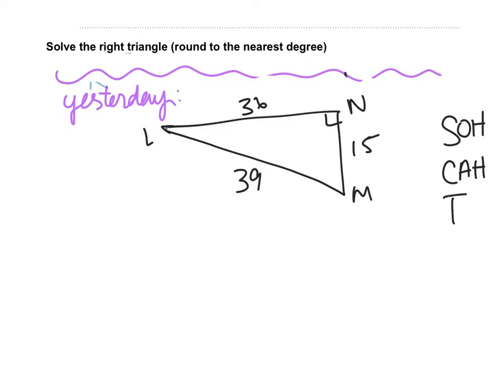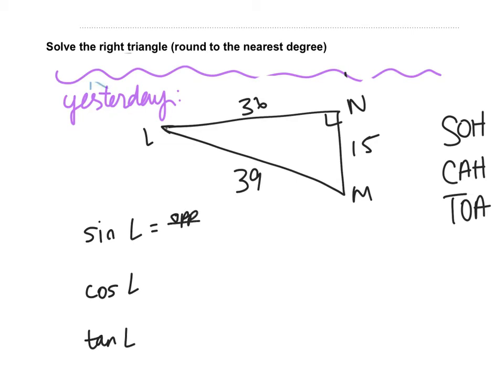Sine is our opposite over hypotenuse, cosine is adjacent over hypotenuse, and tangent is opposite over adjacent. So if we're thinking about the sine, cosine, and tangent of angle L, first we want to remember the ratios.